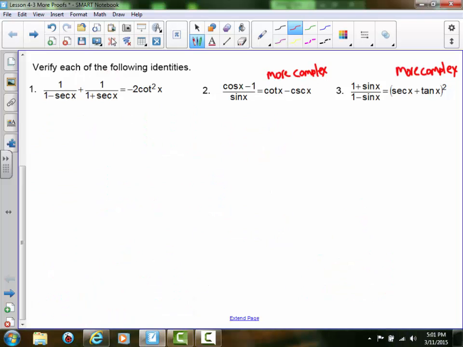So here we've chosen that cotangent x minus cosecant x was more complex. So we're just going to leave cosine x minus 1 over sine x right here, and then we're going to look at cotangent x and cosecant x. Well, I know that cotangent x is equivalent to cosine x divided by sine x, and cosecant is equivalent to 1 over sine x.